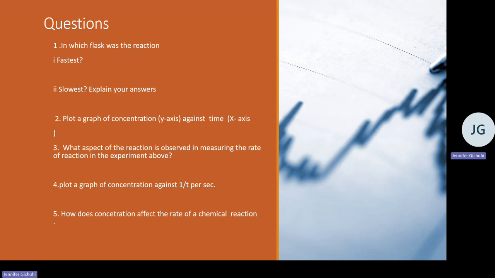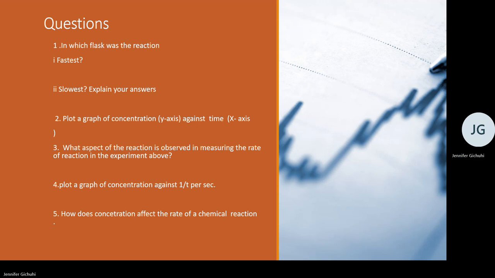Question number 1. In which flask was the reaction fastest? In which flask was the reaction slowest? Explain your answers. Number 2, you're supposed to plot a graph of concentration, that is the y-axis, against time, which is on the x-axis.